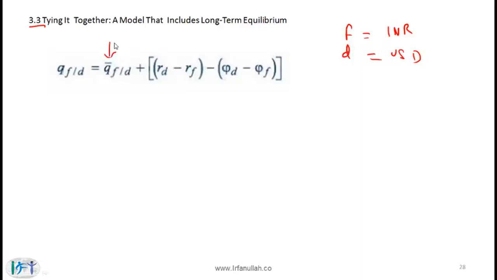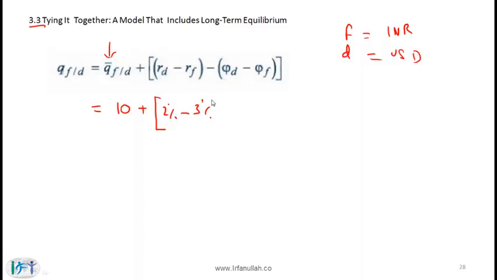So let's say that we come up with a long-term real exchange rate of 10, and then we add the difference between the real interest rate in the domestic currency minus the real interest rate in the foreign currency. So let's say that the real interest rate in the US is 2%, and let's say that the real interest rate in India is 3%.